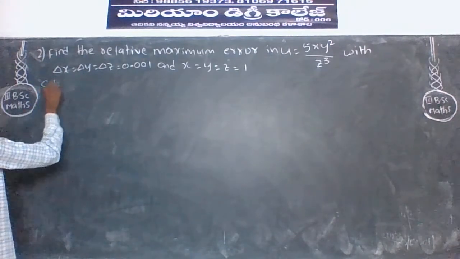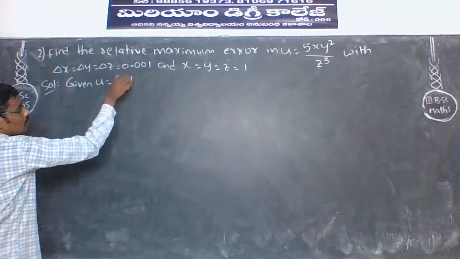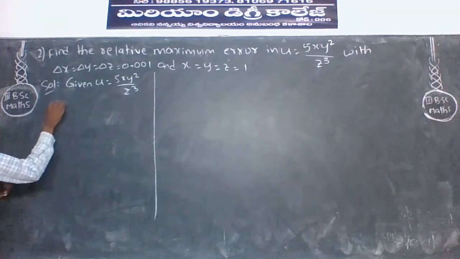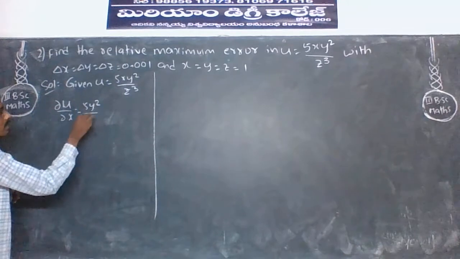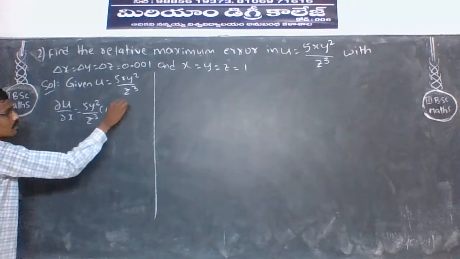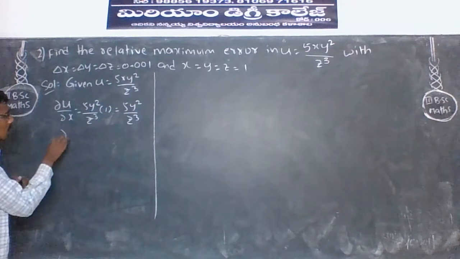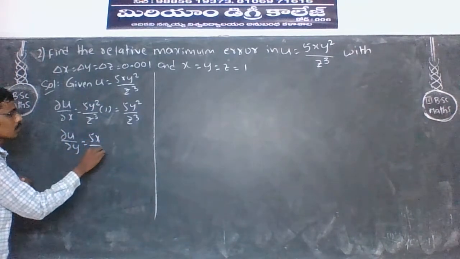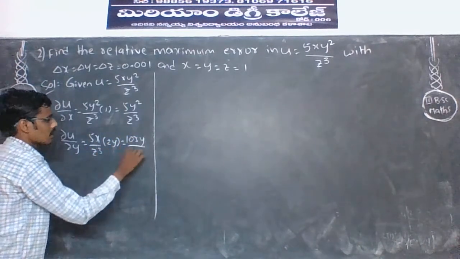Solution. Given u is equal to 5x y square by z cube. Find dou u by dou x: 5y square by z cube. Next, dou u by dou y: 5x by z cube times 2y, that is 10xy by z cube.